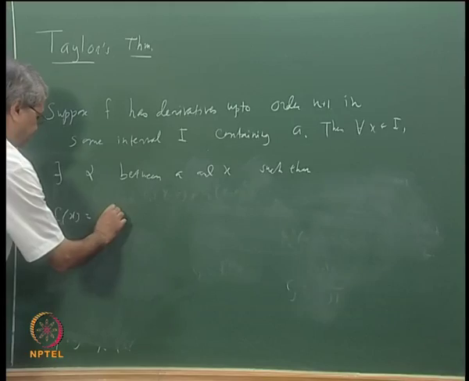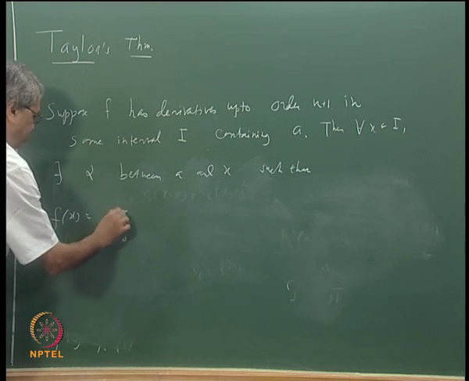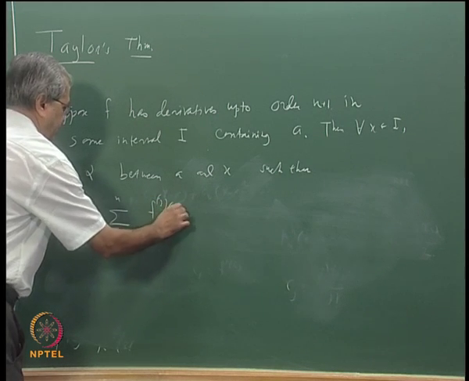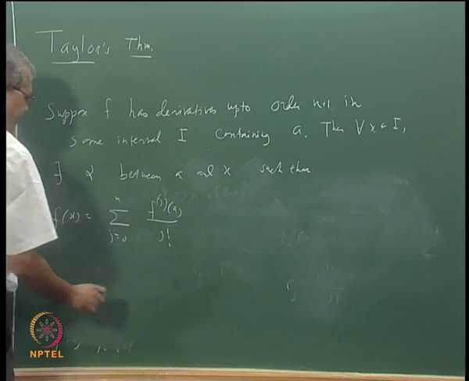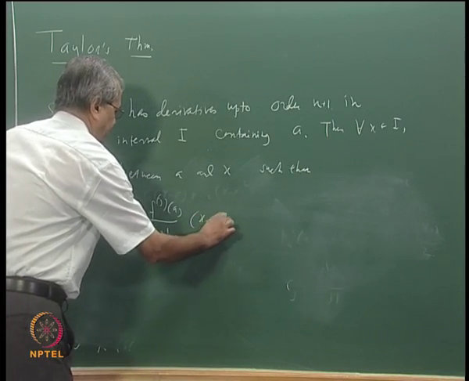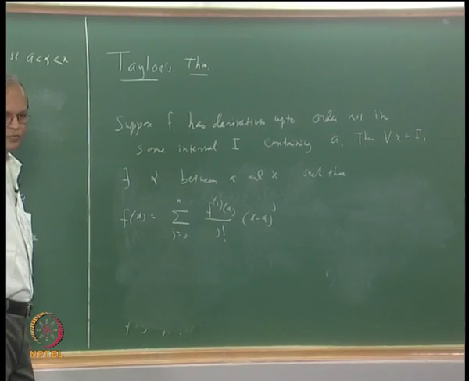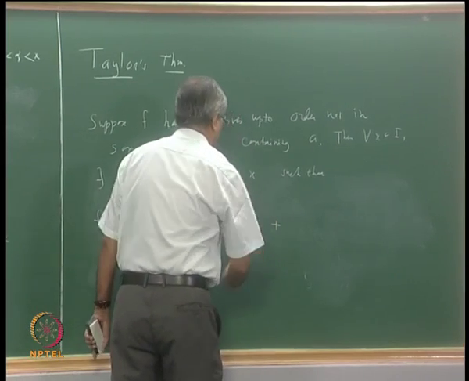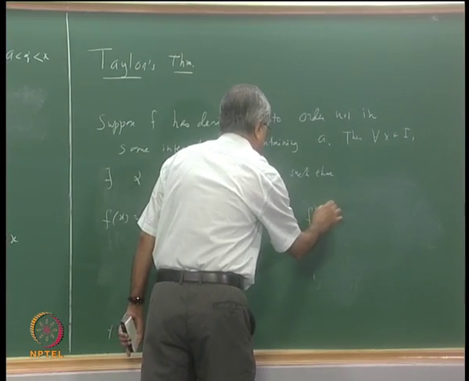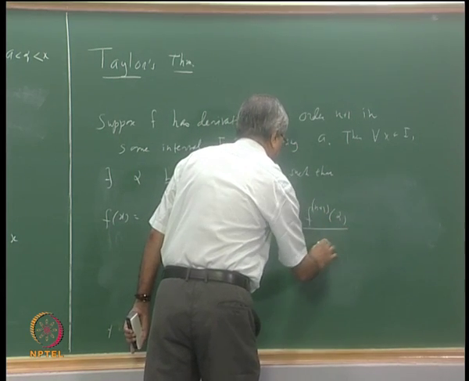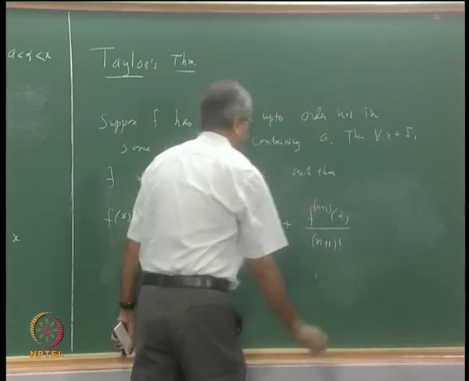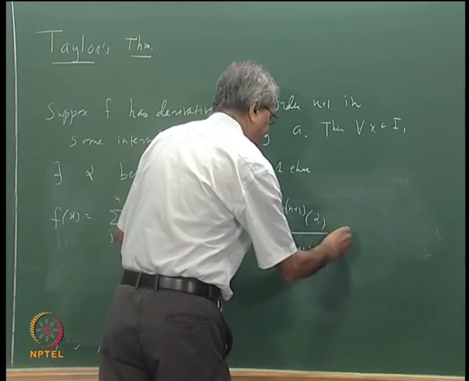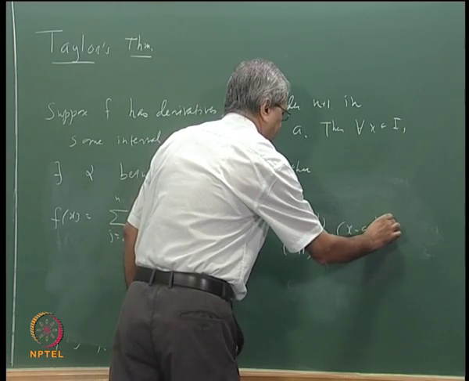So f of x is sigma, let us say j going from 0 to n, jth derivative at a divided by factorial j multiplied by x minus a to the power j, that is Pn x, right, plus n plus 1th derivative of f at alpha divided by n plus 1 factorial multiplied by x minus a to the power n plus 1.